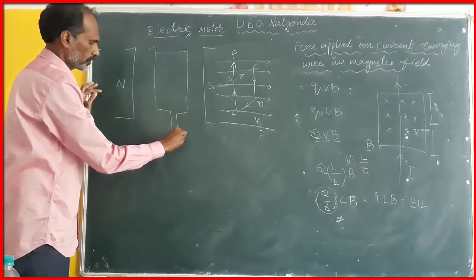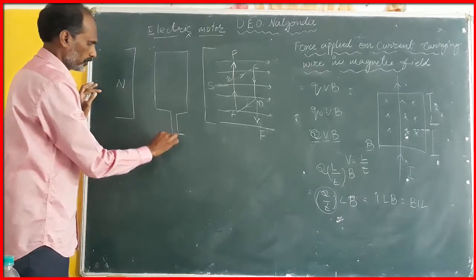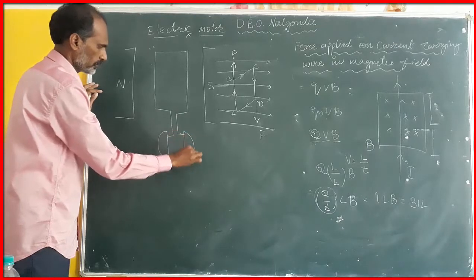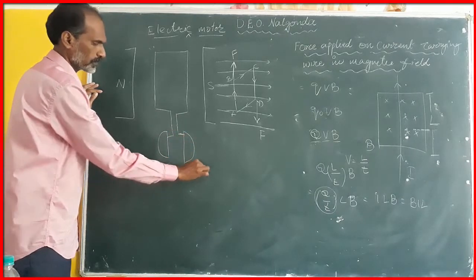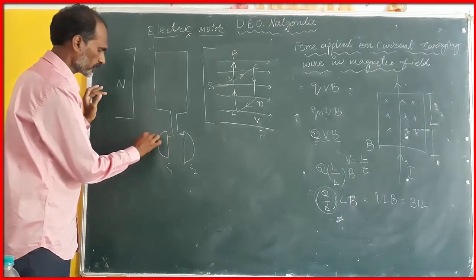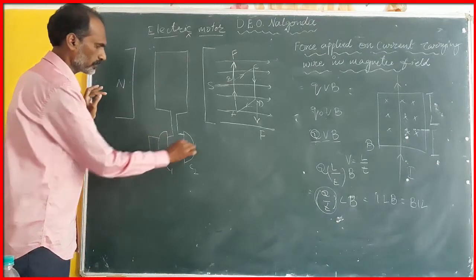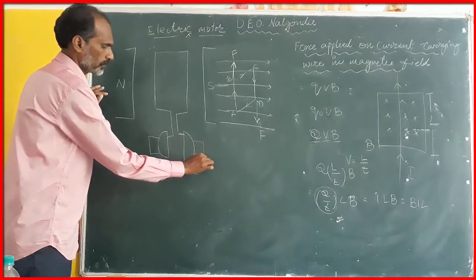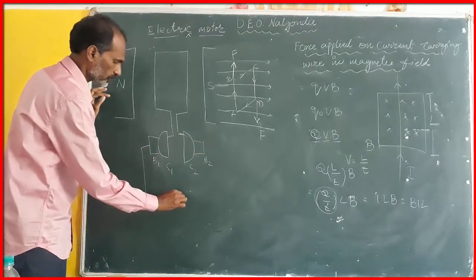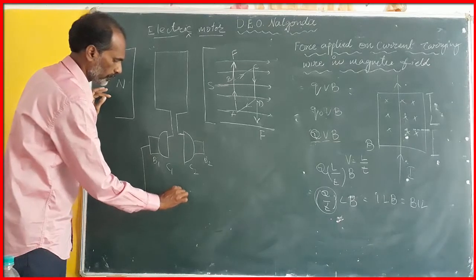Here are the commutators C1 and C2, or we can call them slip rings. These slip rings are connected to brushes B1 and B2. Okay, you understood? And this is connected to a battery.